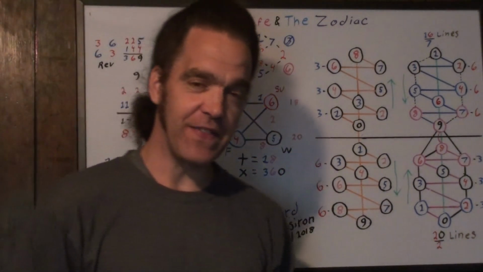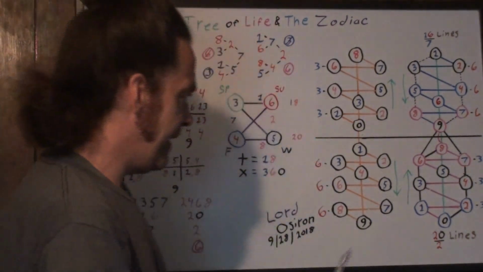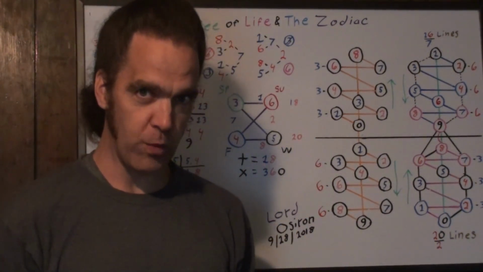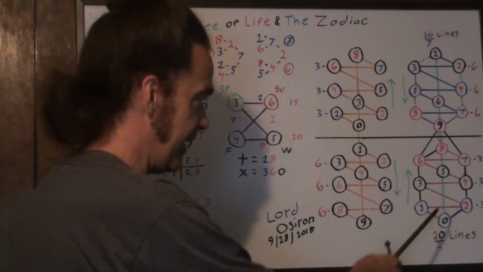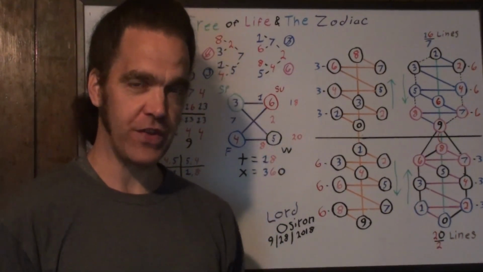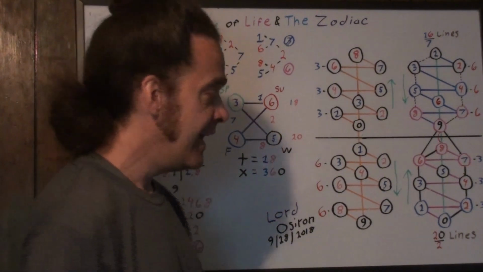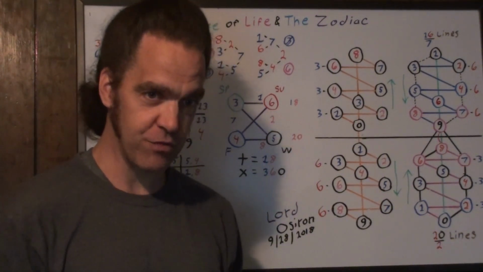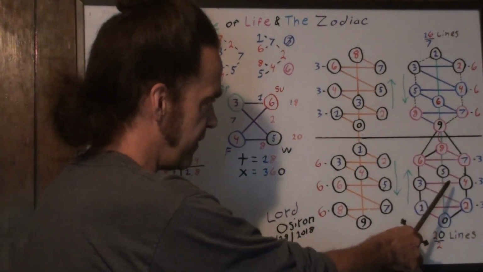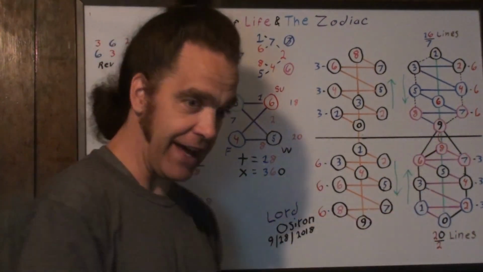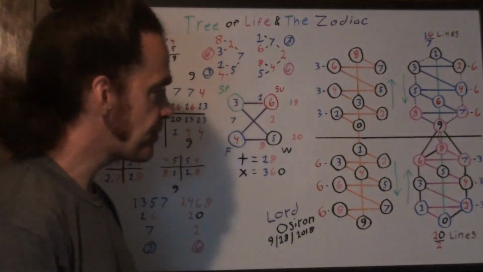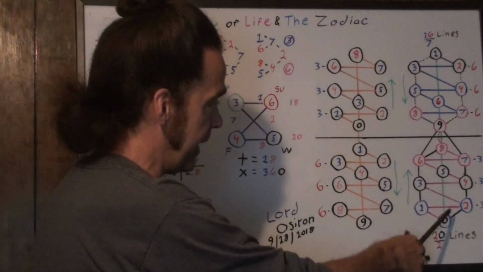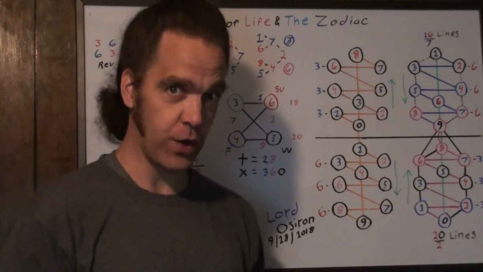So now it's showing, as I say, the true tree of life is the seed in the womb of all of this. One of the biggest points that I make over and over again is that the true tree of life in its singular expression shows the tree of life, and then this 9 would be on that for Malkuth. And what happens when you add up the middle pillar is it reveals 22.